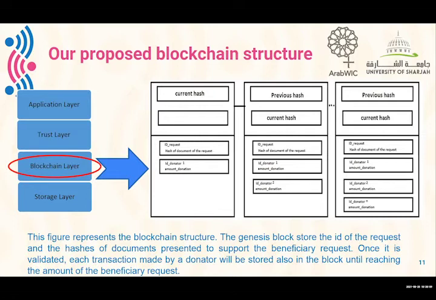And once it's validated, each transaction made by a donor will also be stored in a block. So we have here another block which contains the information about another donor, until we have n blocks which create our blockchain network.